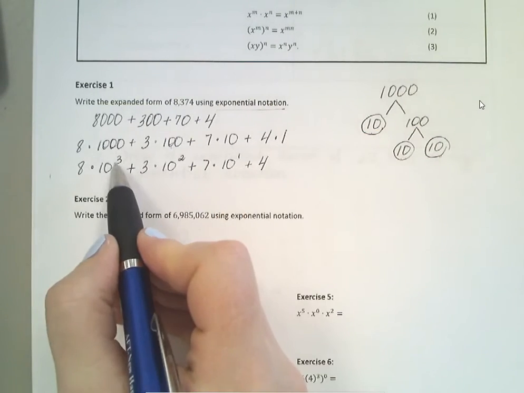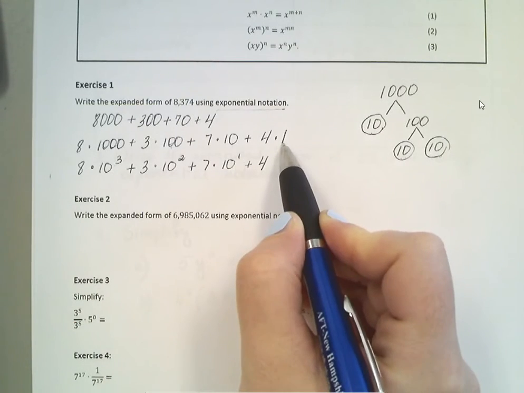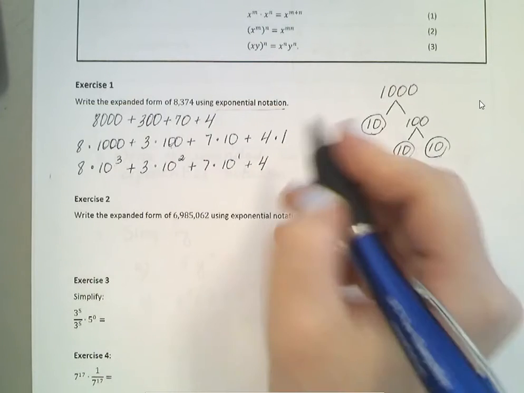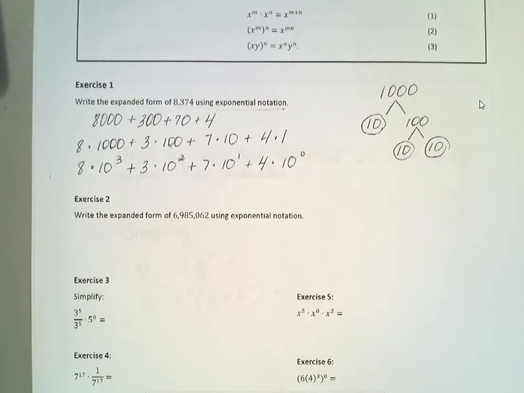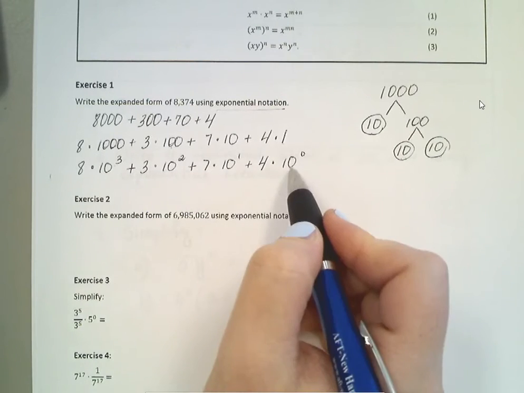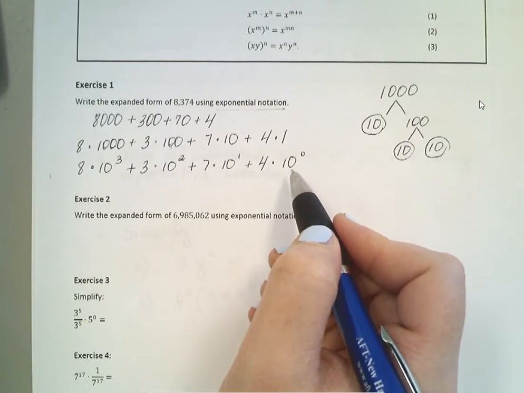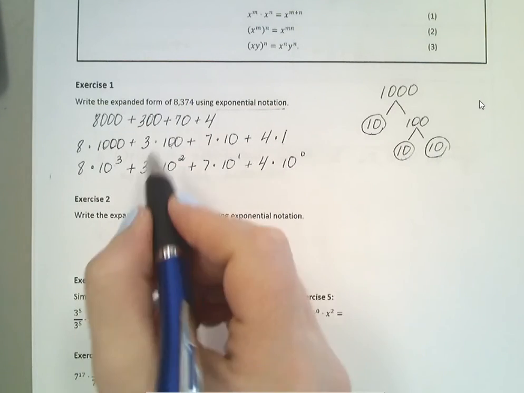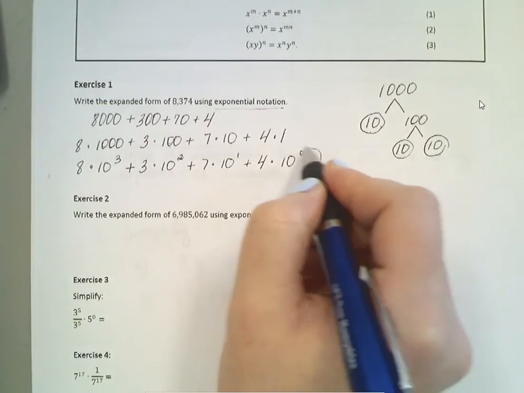If you look at the pattern here, 3, 2, 1, 1 is 10 to the 0th. So this is one application of writing a number using a 1 as a number written to the 0th power. Instead of all of this, I can just use that.